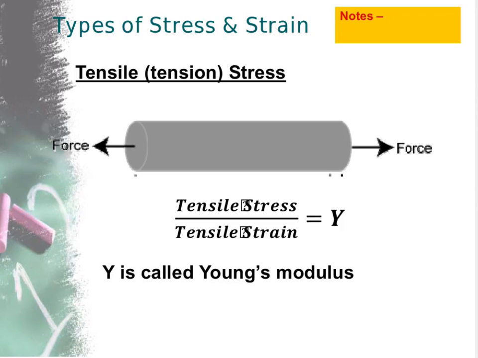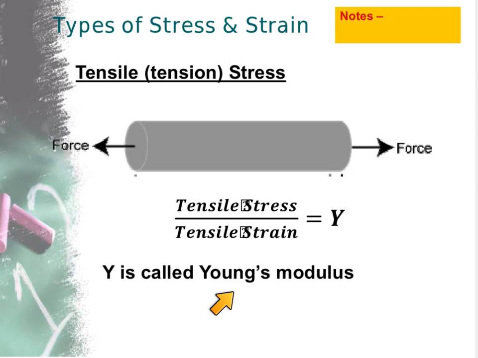When you apply a force over a cross-section area, you can calculate tensile stress when it's being stretched, and you can calculate tensile strain, and you will come up with a constant number for a given material, and we call that Y. And Y stands for what's called the Young's modulus.